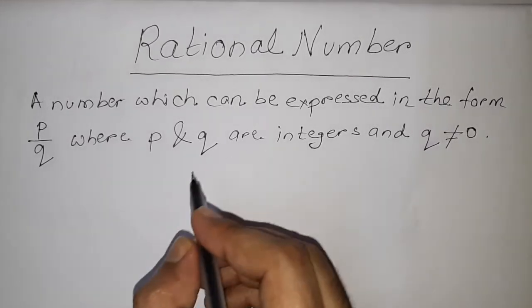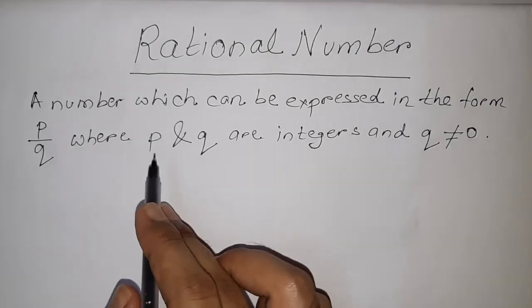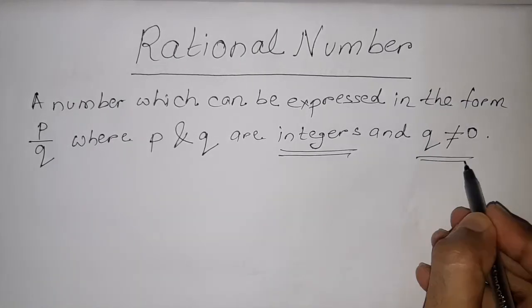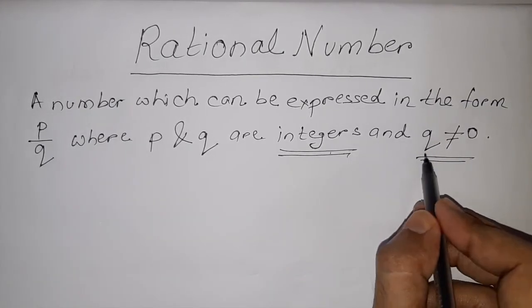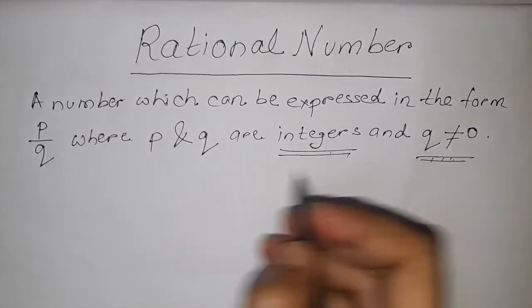Okay, so a number which can be expressed in the form of P by Q, where P and Q are integers and Q not equal to 0. So these two things you have to keep in mind, especially this one. Q cannot be 0.